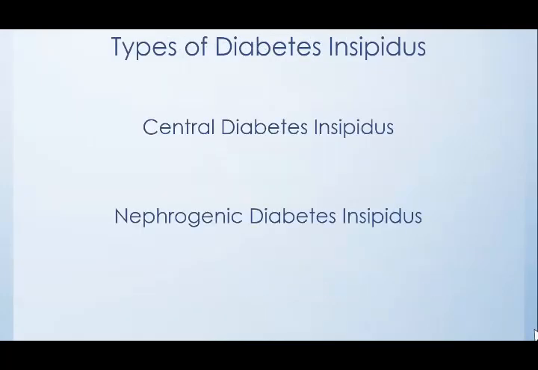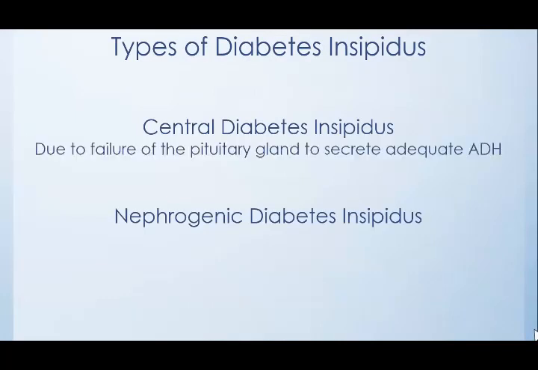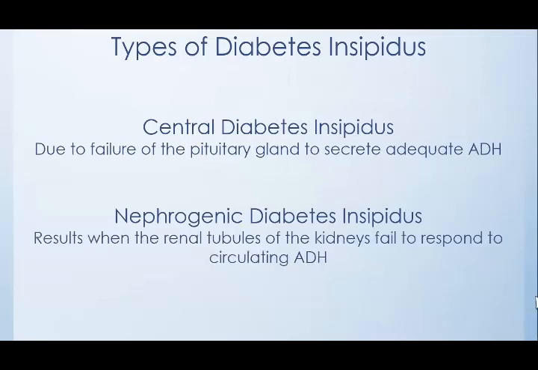The types of diabetes insipidus are central diabetes insipidus and nephrogenic diabetes insipidus. Central diabetes insipidus occurs due to the failure of the pituitary gland to secrete adequate ADH, and nephrogenic diabetes insipidus results when the renal tubules of the kidney fail to respond to circulating ADH.